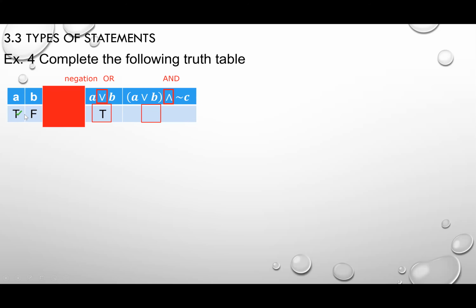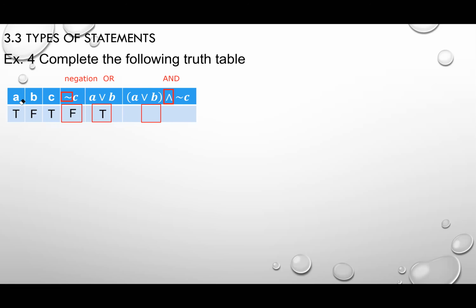So we got this item. Ladies and gentlemen, we got the first item. The first item is the negation, which is the negation of C. We got it. The second item is the OR statement, which is the B or A. And now they ask you, if you have those two, can you finish this item, which is the parenthesis A or B, right here, and negation of C?